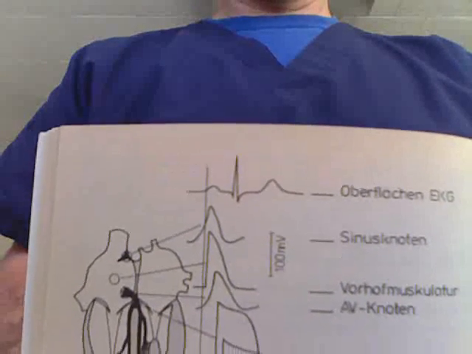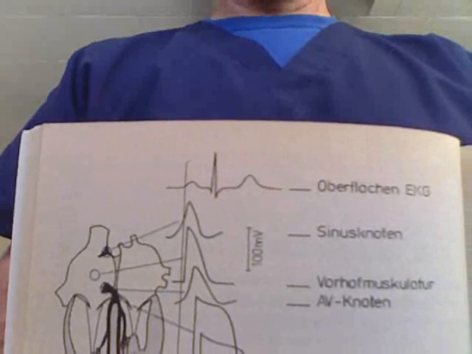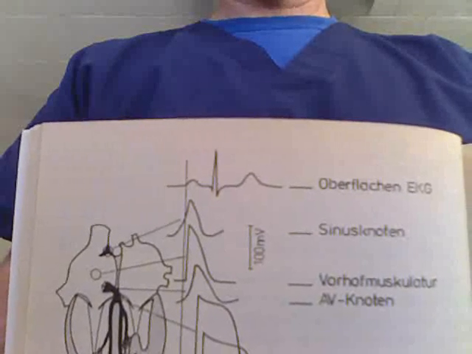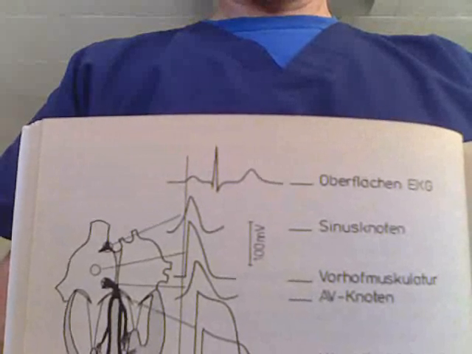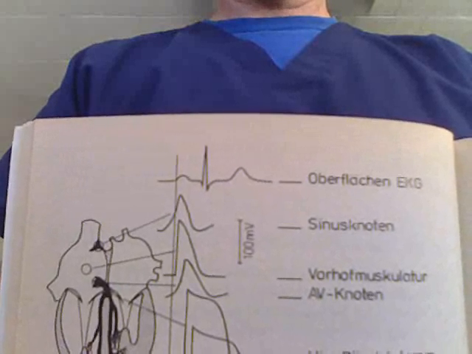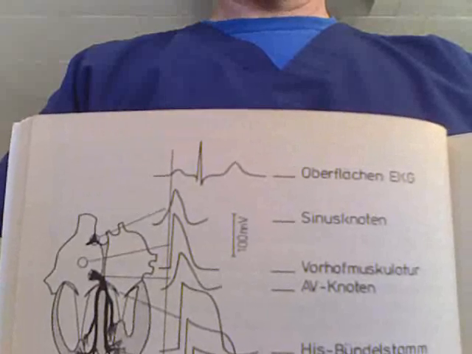Then, moving along, that circle is the Vorhofmuskulatur, which is the atrial muscle, and the electrical signal as it passes through that part of the atria.